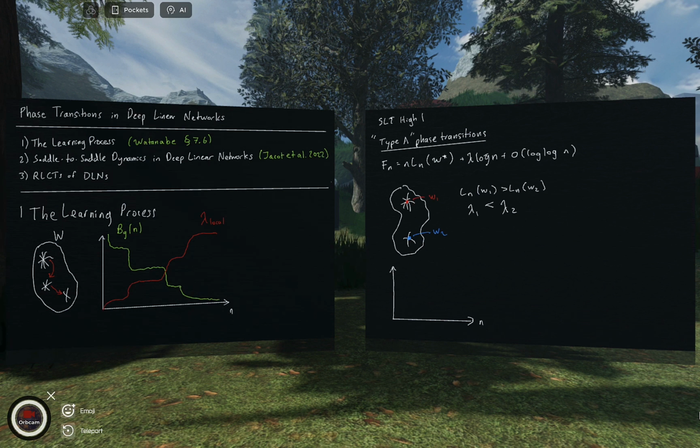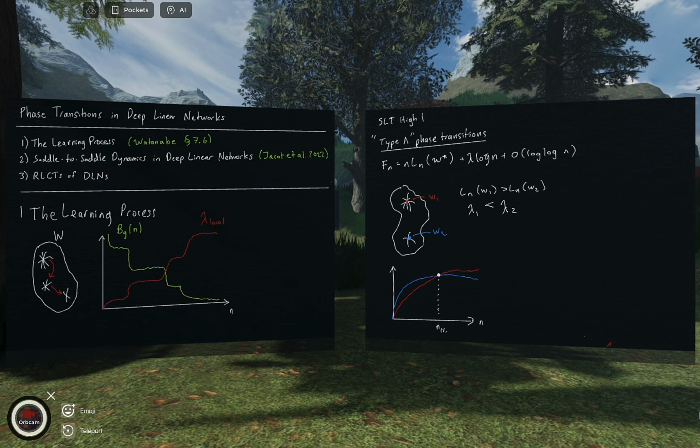As a function of n, we get these two plots. There's a transition, some critical value of n, where the minima exchange.